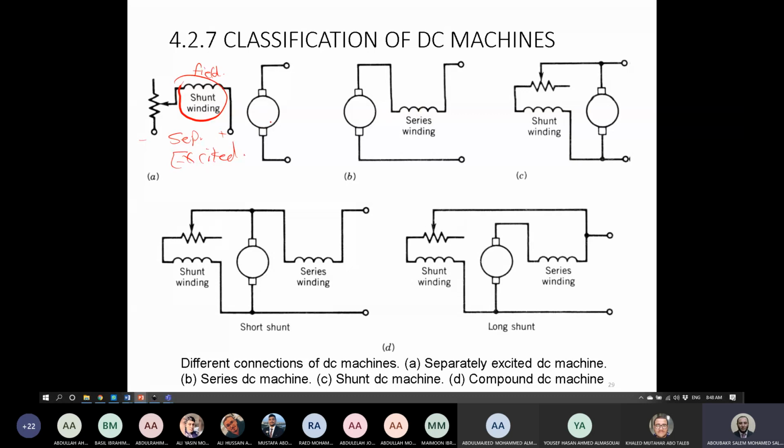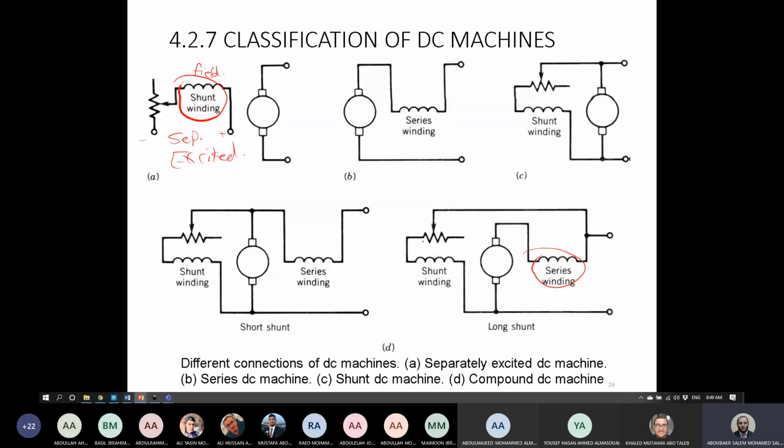We may add extra windings to the machine. These extra windings are going to connect the machine here. As you can see, this is the field and this is the armature. We connect an extra series winding here. This is called long shunt. Why long shunt?